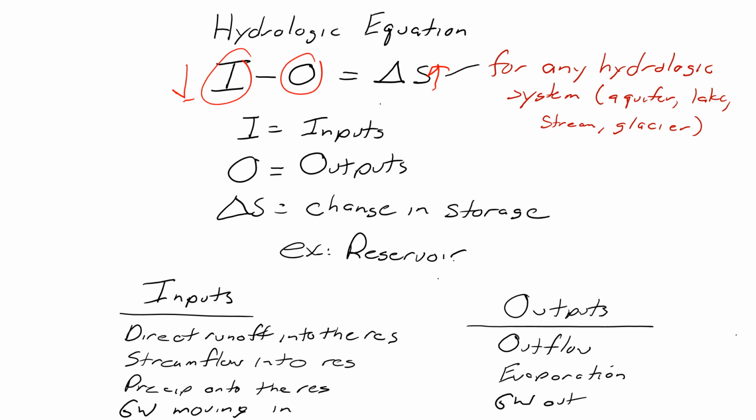If it's the opposite, if your output is greater than your input, you might have a negative change in storage, and your level will go down. So what we do in hydrology is we try to quantify all of these things as best we can. And that will tell us how our systems are going to respond in the future.